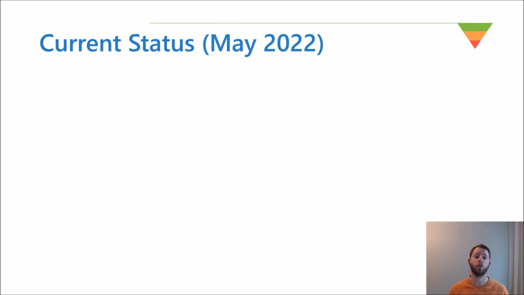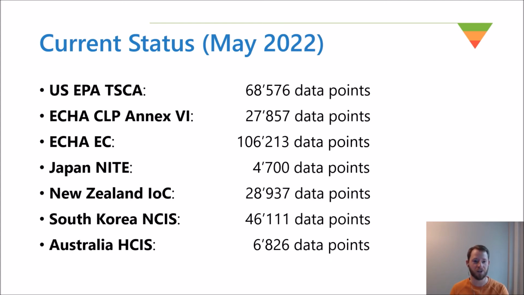Now a few words on the current status, and I have timestamped this on the slides here because now we are speaking in early mid-May, and surely this will be outdated soon, but I thought it would be nice to include it no matter what.